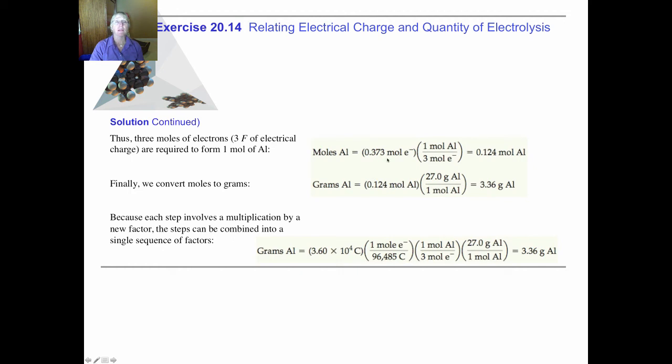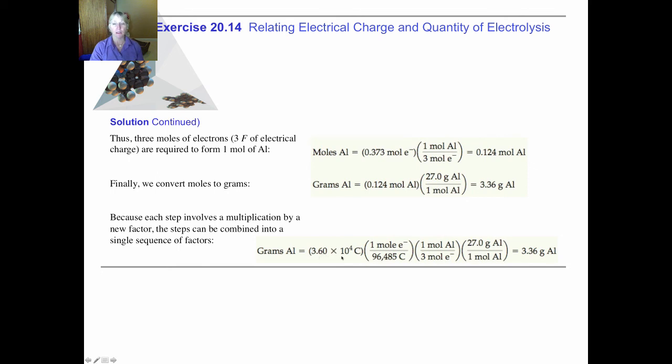There were 0.373 moles of electrons, and for every mole of aluminum to plate out, it requires 3 moles of electrons. So basically, your moles of electrons gets divided by 3, and that tells you how many moles of aluminum you've made, and then you multiply by the molar mass of aluminum to get the grams of aluminum.